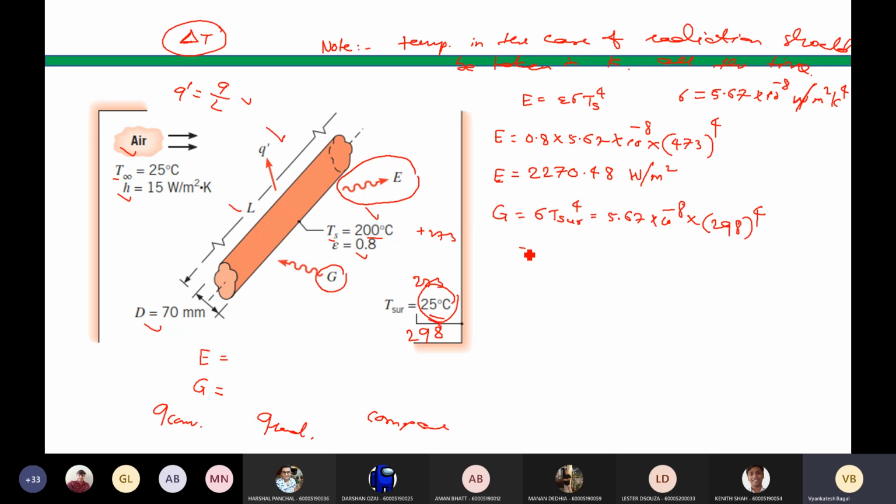Raised to 4. What is G, irradiation? 447.14. The unit will be the same, watt per meter square. So that is the irradiation. Now find out what is Q convection.